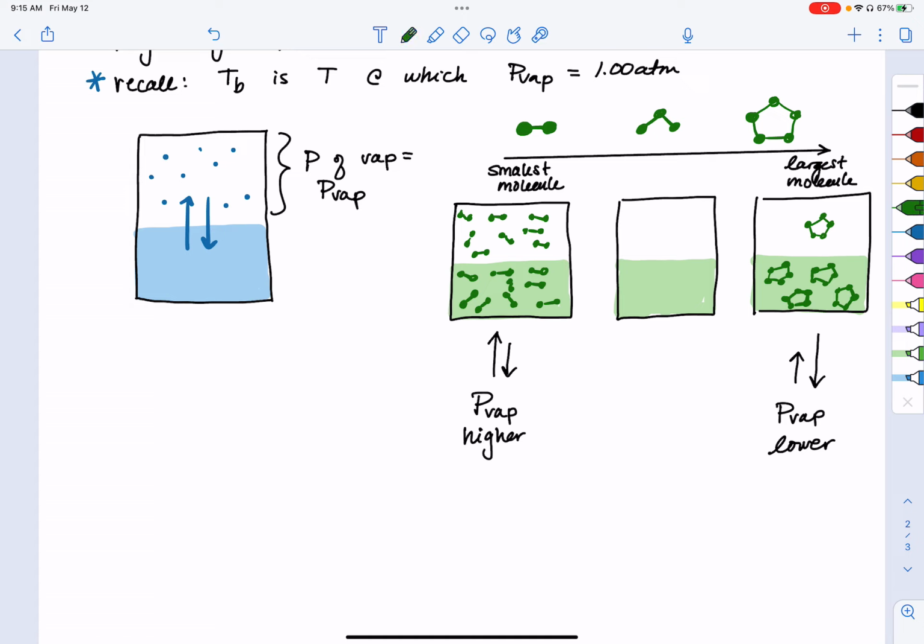Which means that this kind of middle guy, which is small, yes, but it is a little bit kind of three-dimensionally clunky. This is going to be somewhere in the middle.